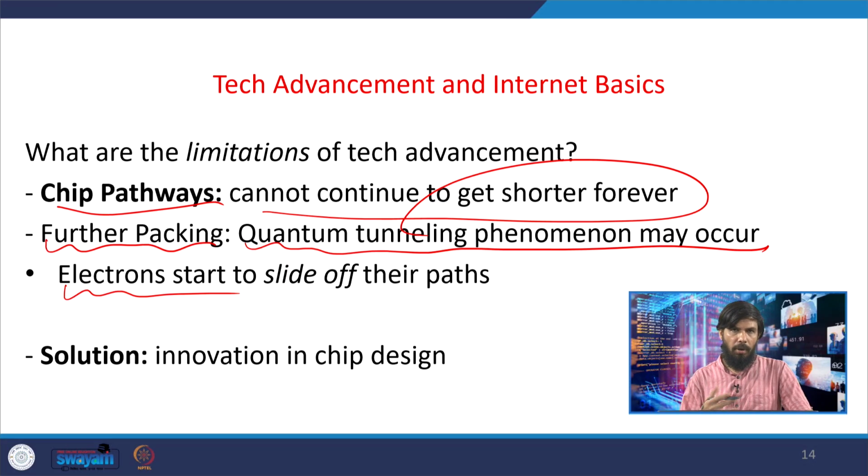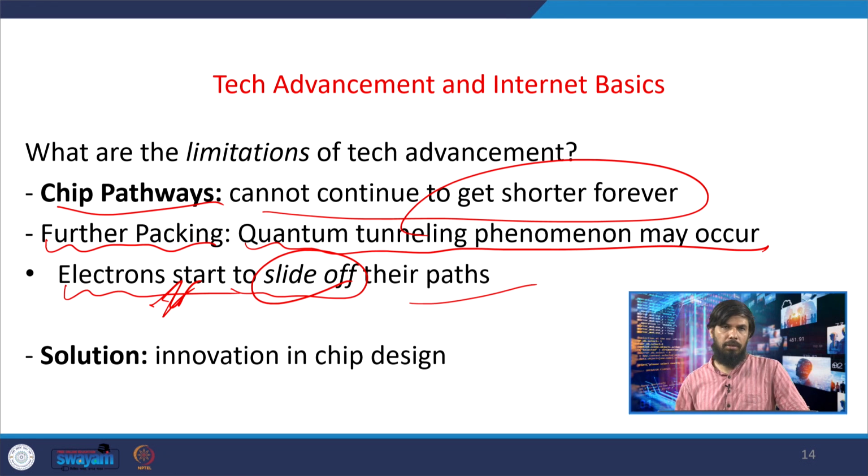So the whole communication and traveling of electrons, and the 0s and 1s, the two states that we manage through this electron movement, might not remain reliable because electrons will start to slide off. Therefore there is a limit to this dense packing of transistors that we do to make chips speedier.